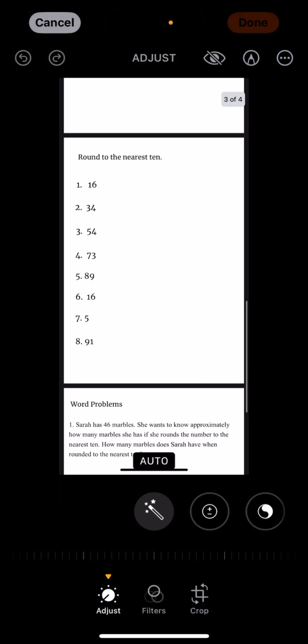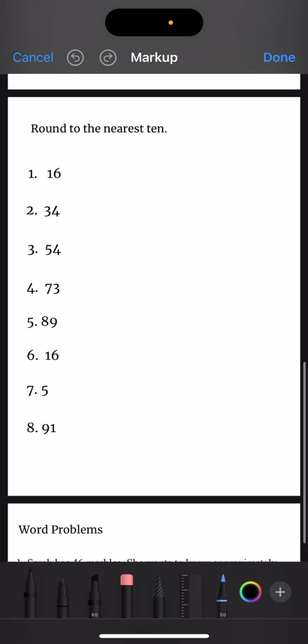Let's move on. Round to the nearest 10. What the nearest 10 means is, if you have a number here and a number here, let's just say it's 10. Whatever number is on the 1 spot, we round it up or down to the 10 spot. For example, if I had a 4, it would round down because it is less than 5.